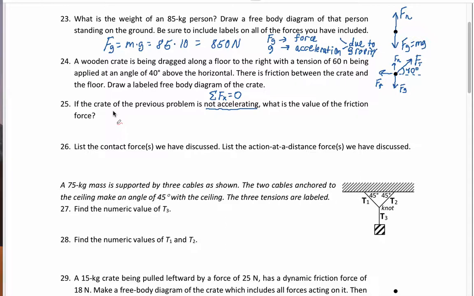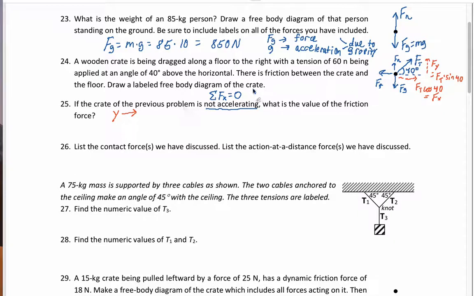So what I mean by that is we're going to set up equations in the y direction. Here on this label, we're going to set up Fy equals Ft times the sine of 40. And in the x direction, we're going to have Ft cosine of 40. That's going to equal Fx.